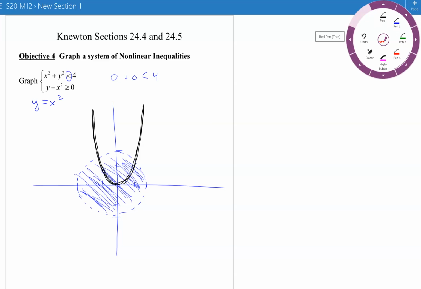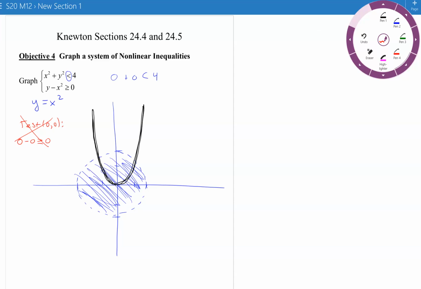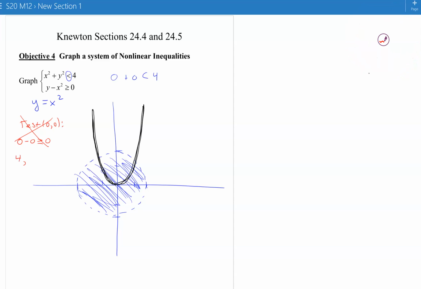And then let me test 0, 0. Oh, I can't test 0, 0 because it's a point on the parabola. So I need to test something like 4, 0 and see if that's true, because that will be obvious.